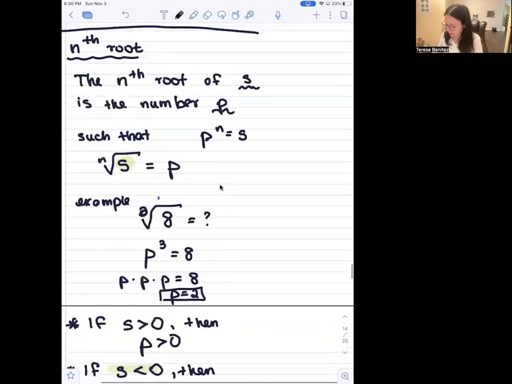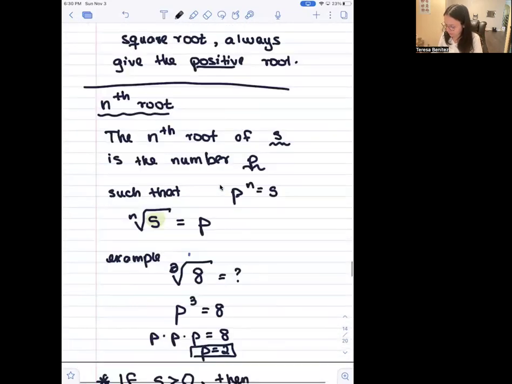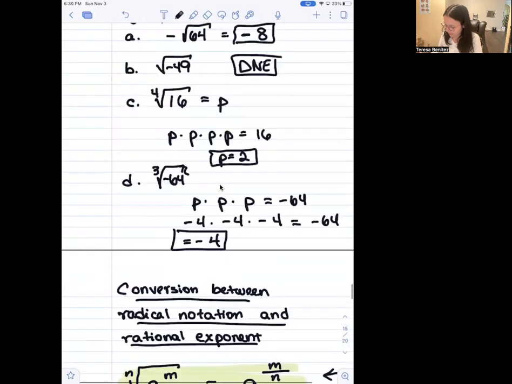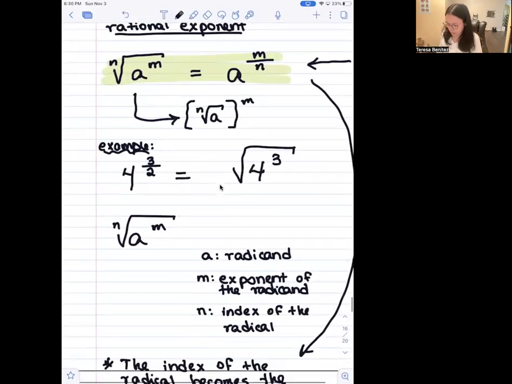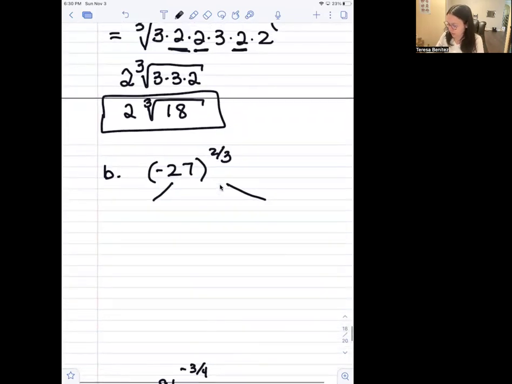Notice that a to the power of m/n, the nth root of that, is also the nth root of a to the power of m, all that to the power of m. So I'm going to use that. I'm talking about what's up there on your screen, highlighted, with an arrow showing another way to express that radical notation.